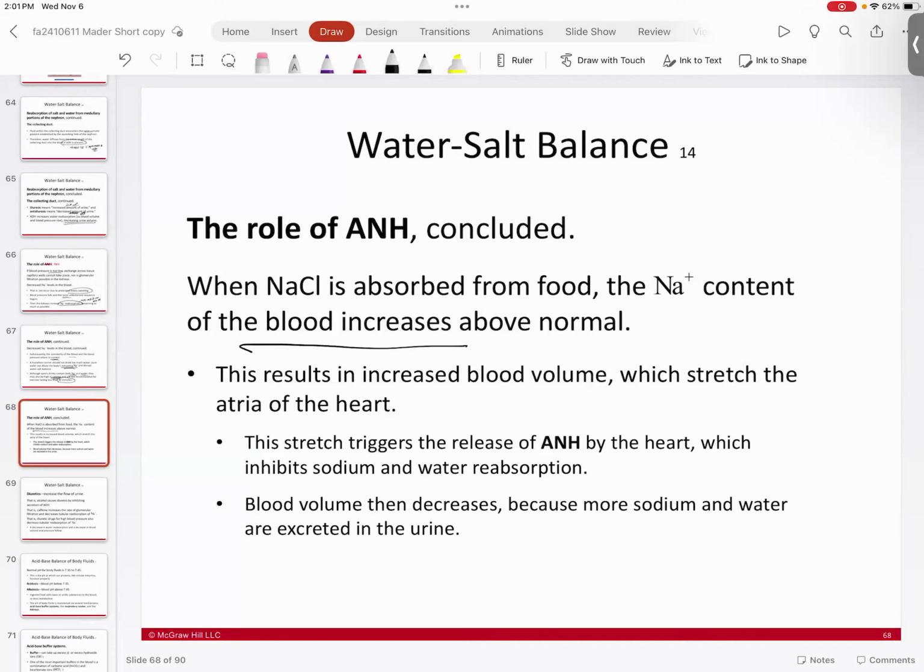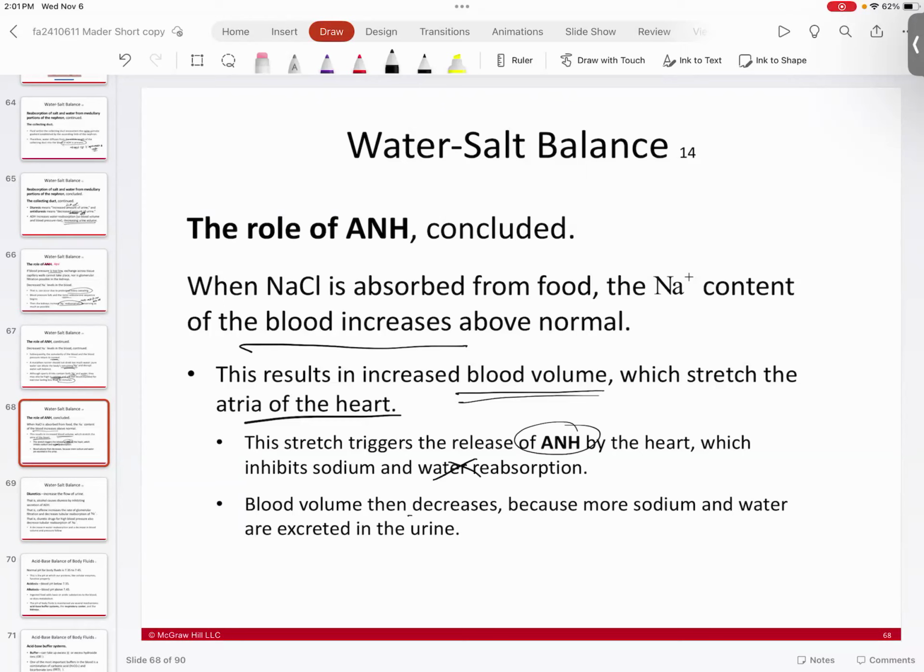That makes sense? So if you have a high amount of sodium in your bloodstream, then what that means is a lot of water is going to come into your bloodstream, increasing your blood volume and the amount of stretch in your atria. That's going to trigger the secretion and the release of ANH, the atrial natriuretic peptide, by the heart, and that's going to shut down sodium and water reabsorption.